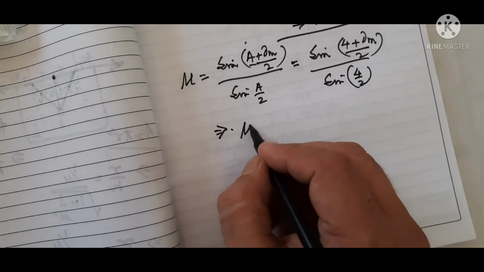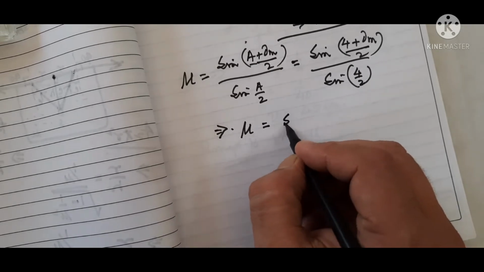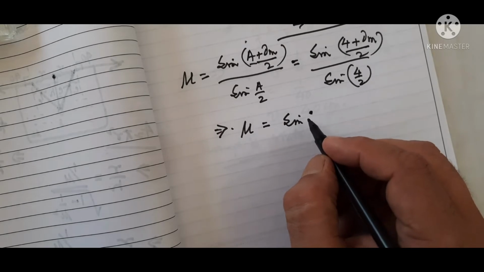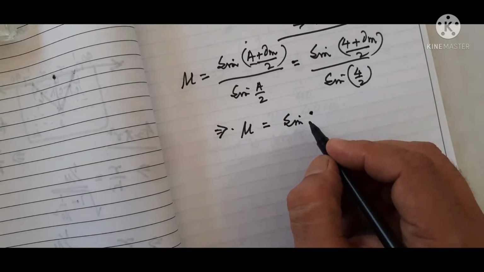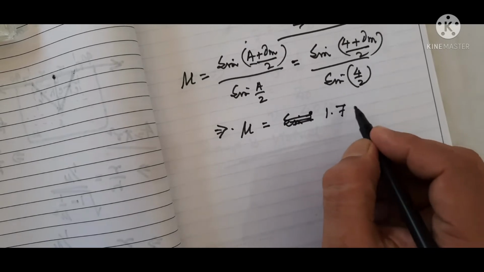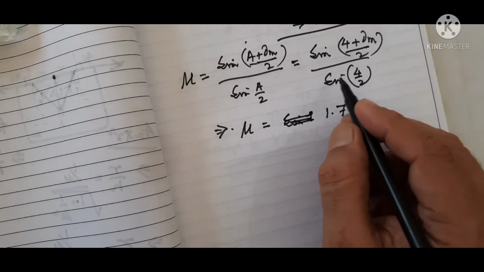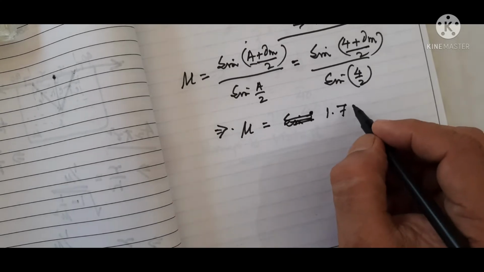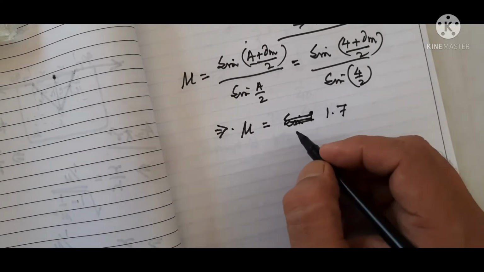So the value will be mu equal to something around 1.5. Because mu is given, just find out the value.